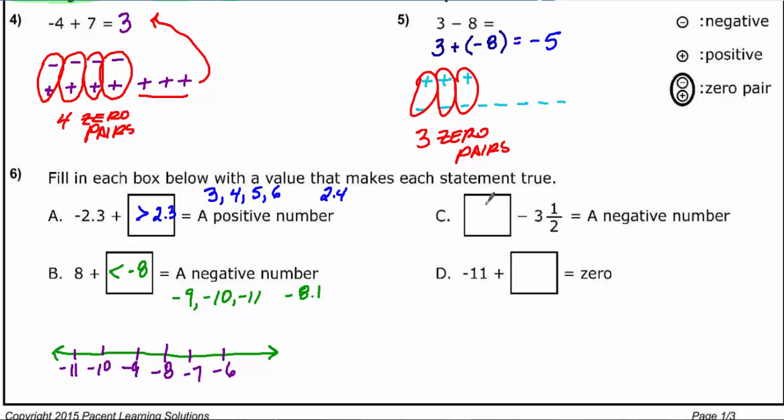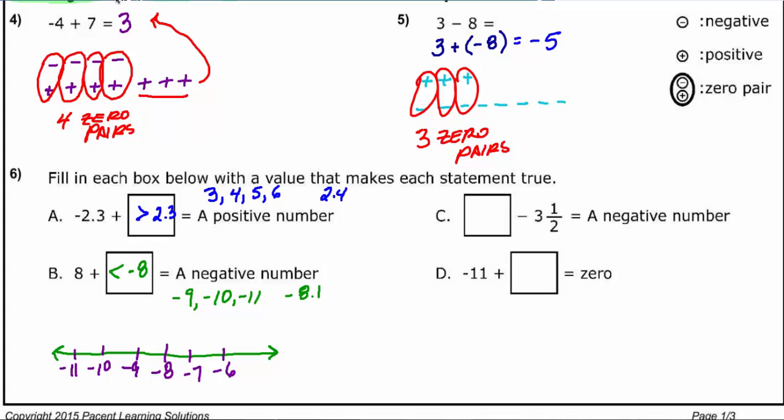Letter C. We have something, we're going to subtract 3.5, and we need to get a negative, which means we need to be starting with less than 3.5 so that when we take 3.5 away, there's nothing left over, and that's what moves us into the idea of negatives.